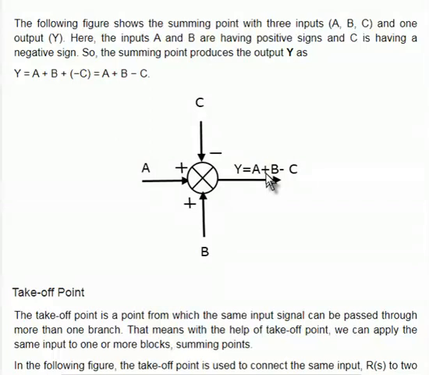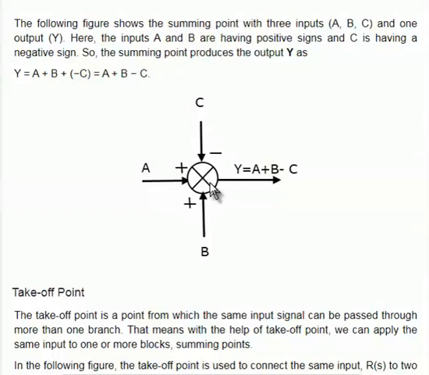The summing point is represented by a circle with a cross line. It has two or more inputs and should have only one output. It performs summation or subtraction or a combination of summation and subtraction.